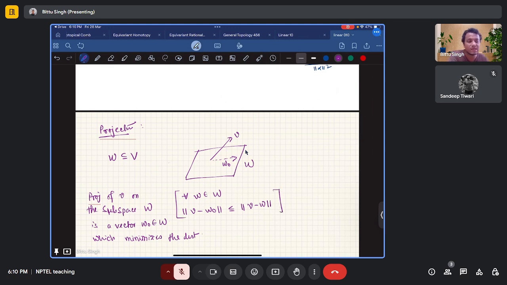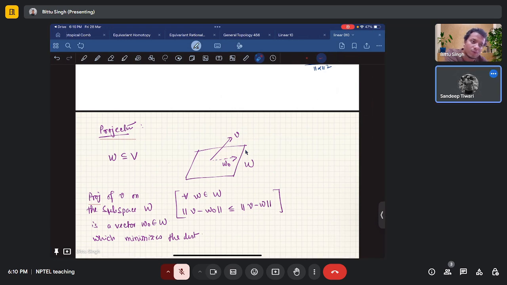So projection is some kind of approximation of this V, but in this subspace. You can easily see that V is not lying in W, but what can be done? I am making something which gives minimum distance from V.